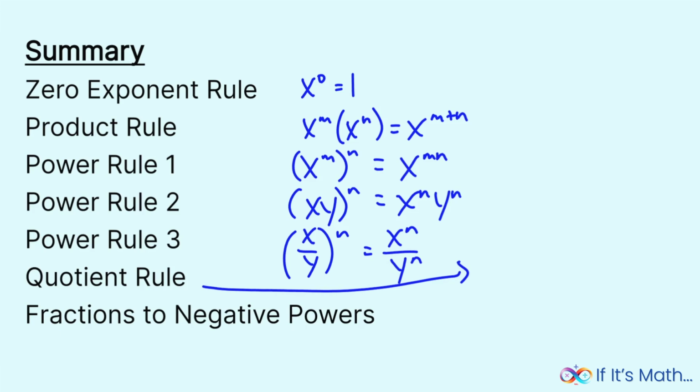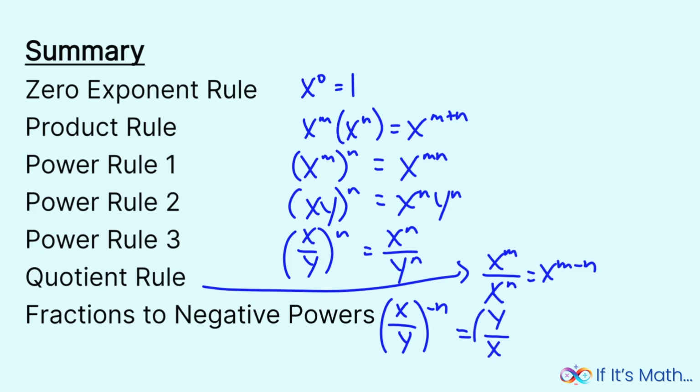It's going to tell you that x to the m divided by x to the n is x to the m minus n. Then if you're dealing with fractions to negative powers, remember that was telling you that x over y to the negative n is the same as y over x to the positive n.